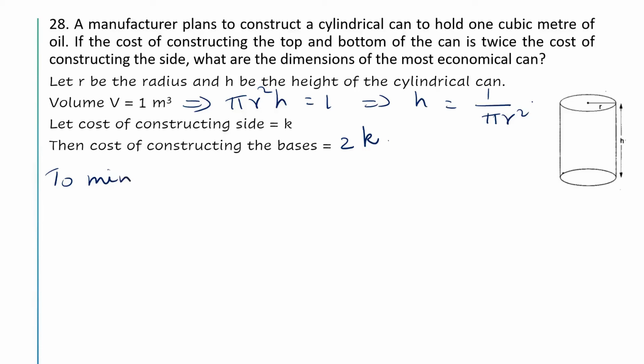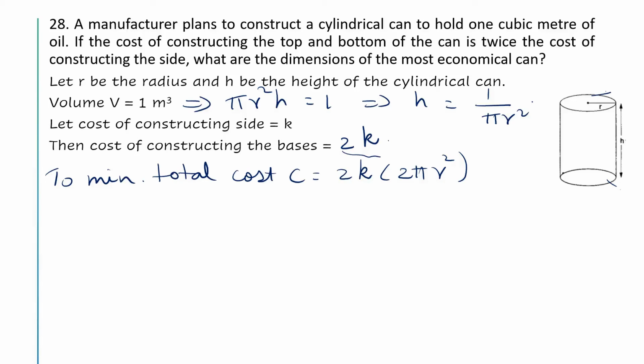So to minimize total cost, C is equal to 2k into the cost of constructing the bases, 2k into 2 pi r square, because here we have the bottom base and the top base.